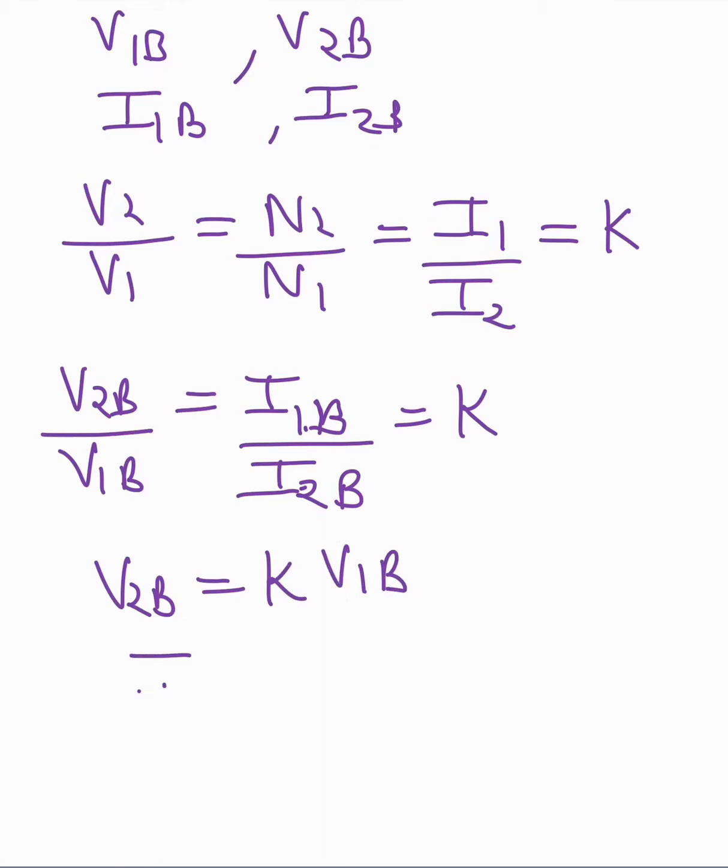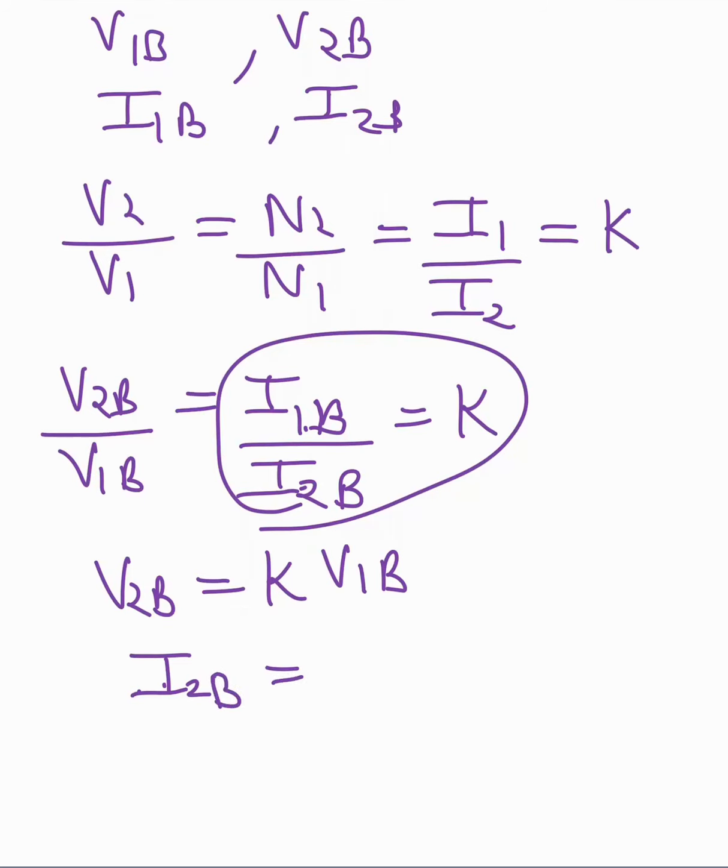Similarly, I2B is equal to I1B upon K. Similarly, V1 per unit is equal to the actual value by the base value, so V1 upon V1B. Similarly, V2 per unit is equal to actual value upon base value, so V2 upon V2B.